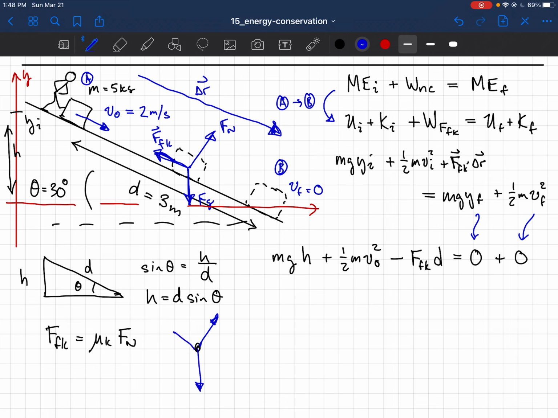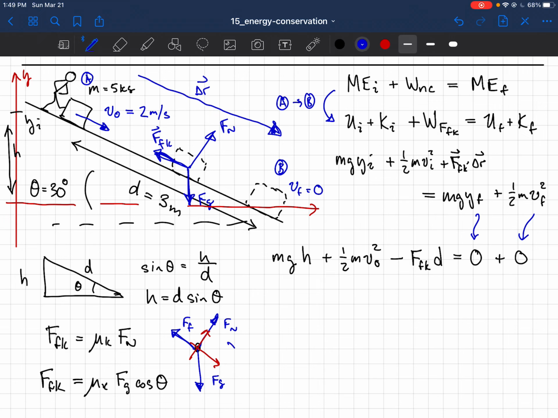If I do Newton's second law, then I have this free body diagram, Fn, Fg, and if I choose for my Newton's second law this coordinate system, then we're familiar with the result, and I'm just going to write it down. It is that Fn is equal to Fg cosine of theta.